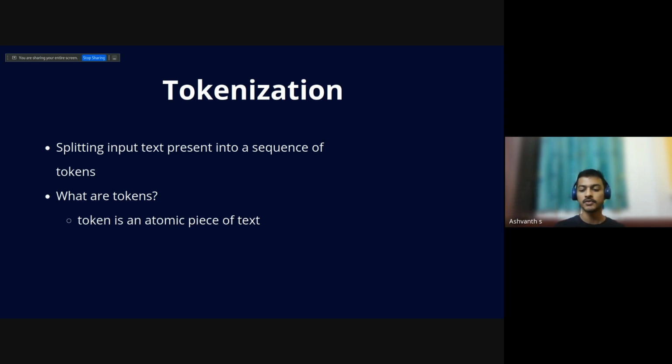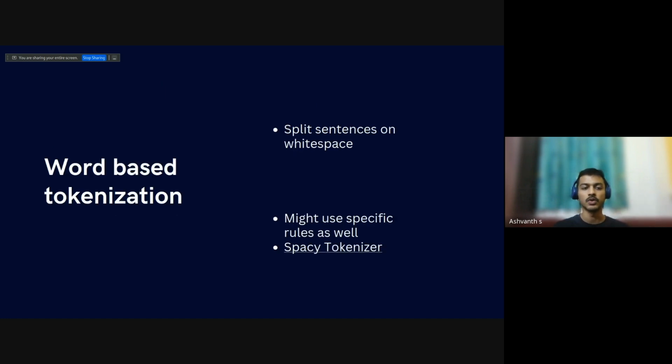The first tokenization method that we'll take a look at is word-based tokenization. Word-based tokenization is quite straightforward. It is direct, where given a sequence of text, you split it based on the words, or the white spaces between the words.